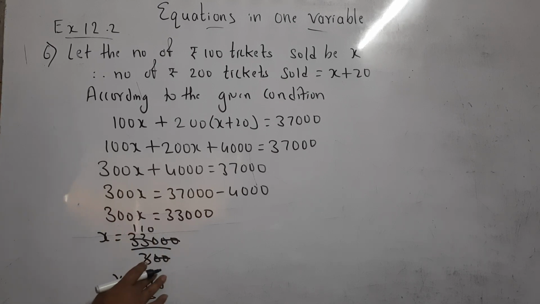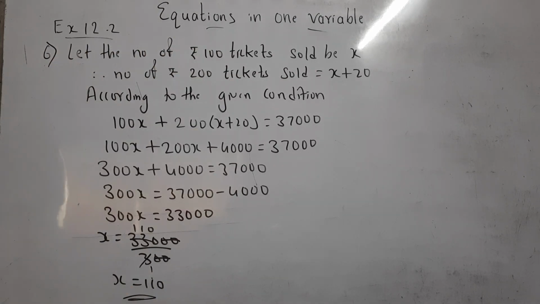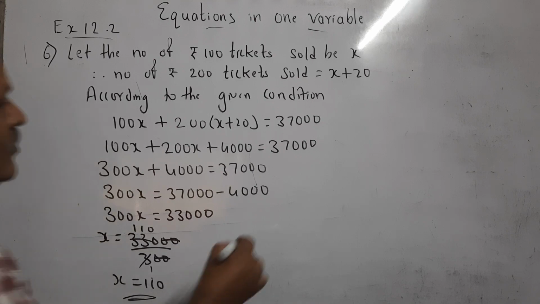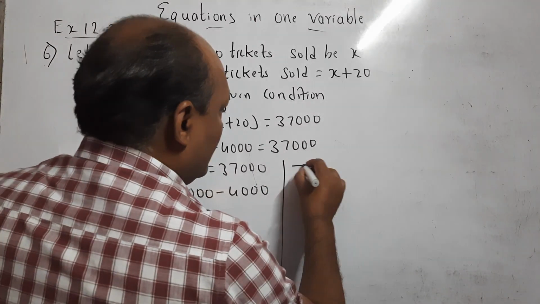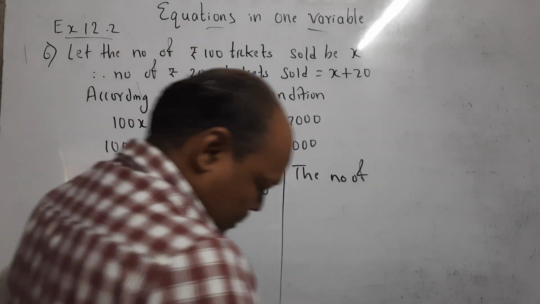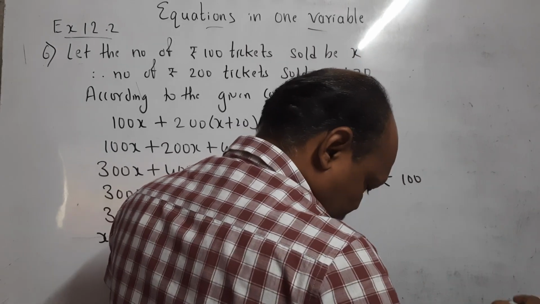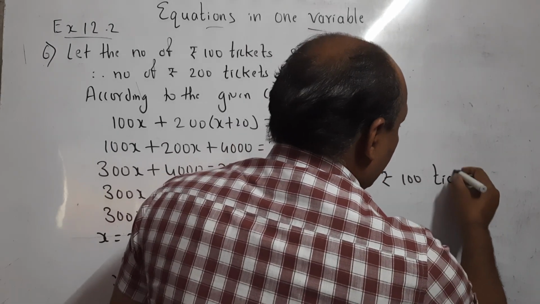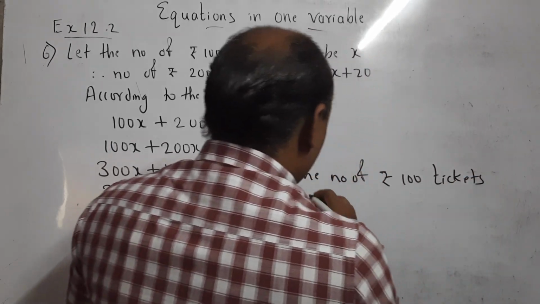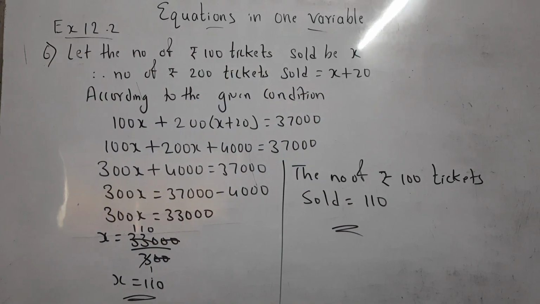How much did you get for x? 110. That means we have to find the number of 100 rupee tickets sold. So what will we write in the last line? The number of 100 rupee tickets sold is equal to 110. I hope all of you understood this.